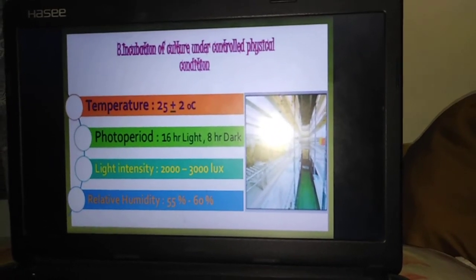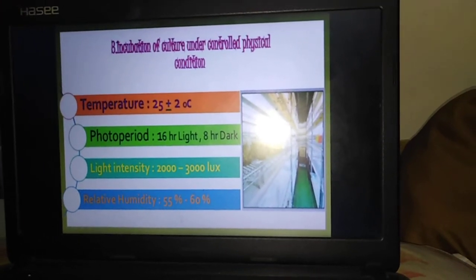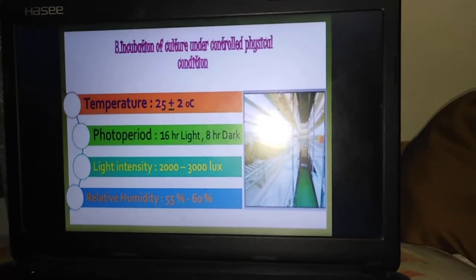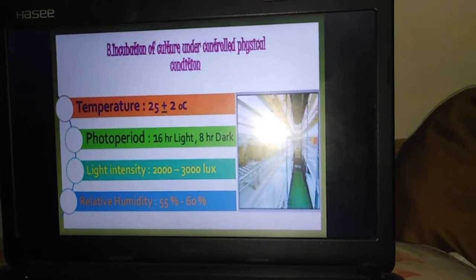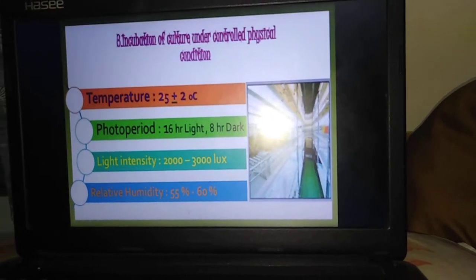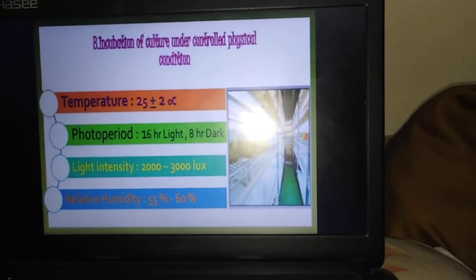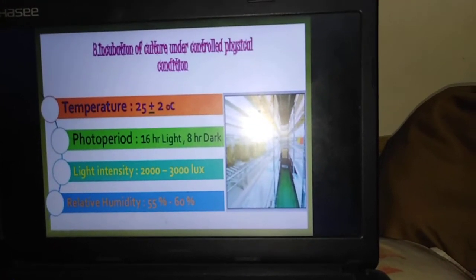Third one is the incubation of culture under controlled physical conditions. Once the explant material is ready and the nutrient media is also ready, we are going to inoculate the surface sterilized explant material onto the surface of the solidified agar media.